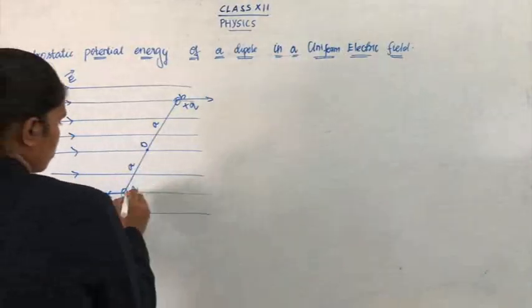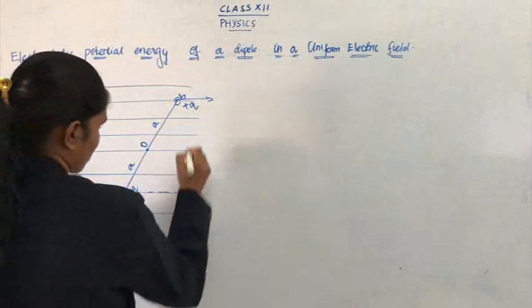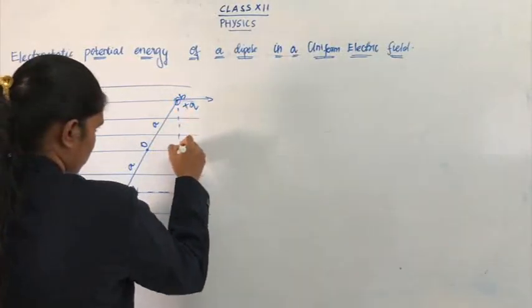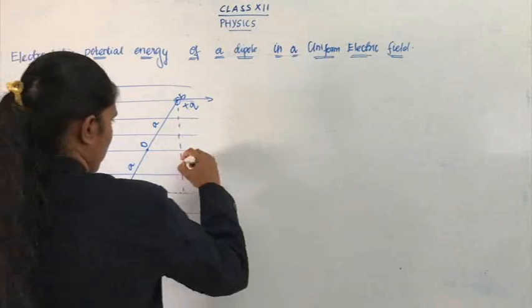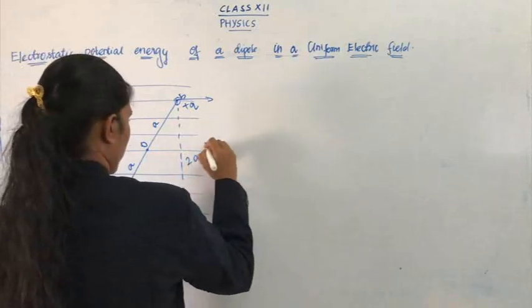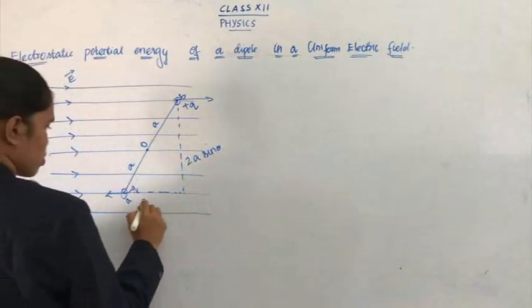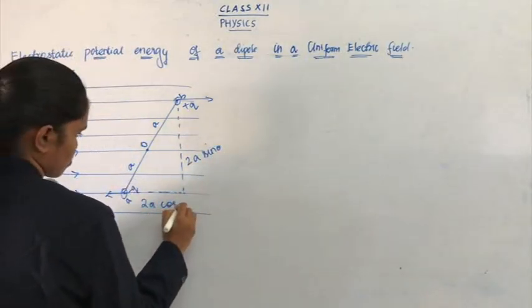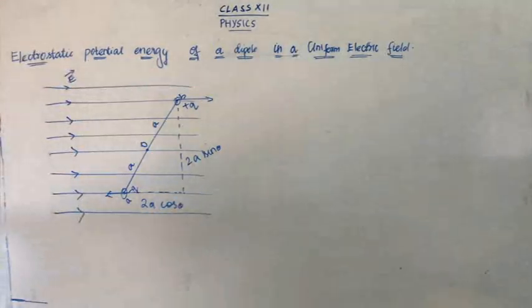Now make a triangle as we did in the previous one. This opposite side is 2a sine theta, and this horizontal is 2a cos theta. Children, draw the diagram.